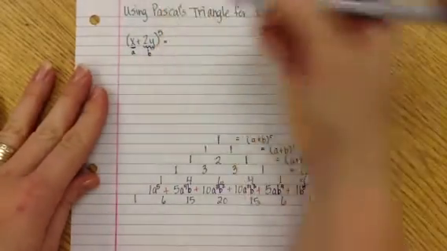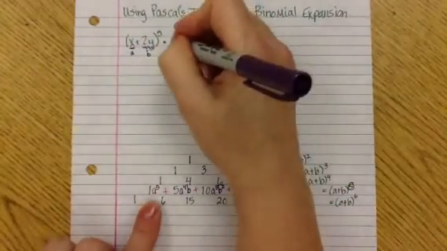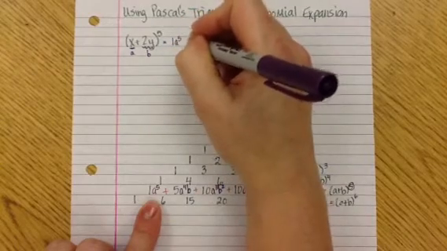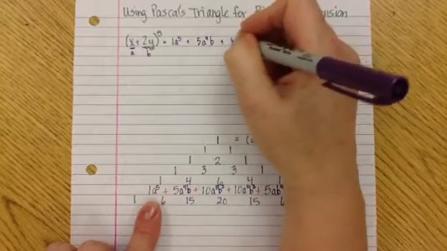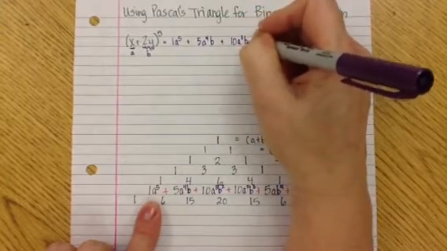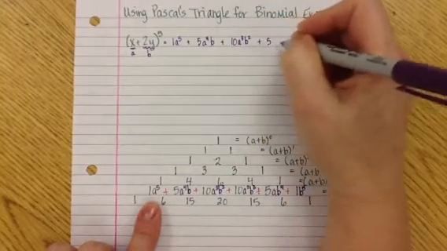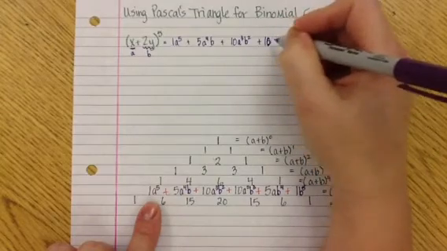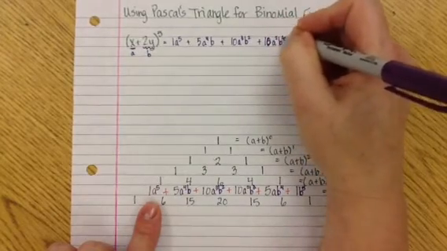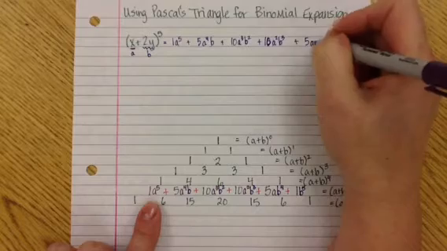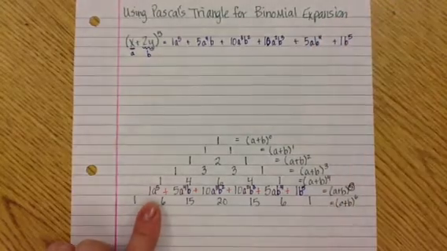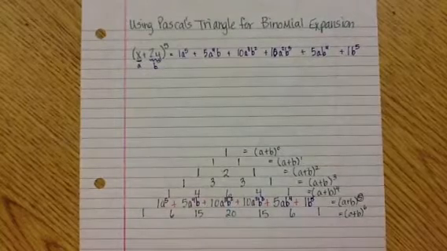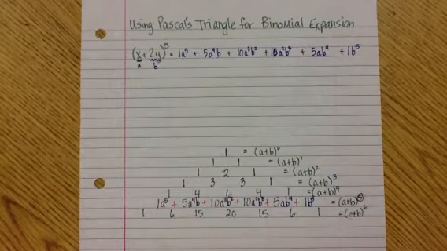So I might write this row out: 1a to the fifth plus 5a to the fourth b plus 10a to the third b squared plus 10a squared b to the third plus 5ab to the fourth plus 1b to the fifth. And then I'm going to start replacing the a's and b's with the x and the 2y.